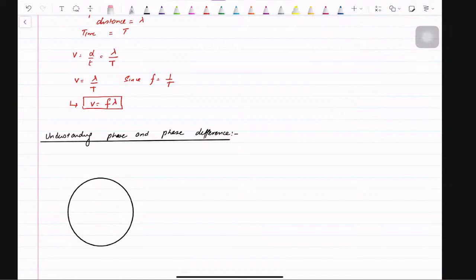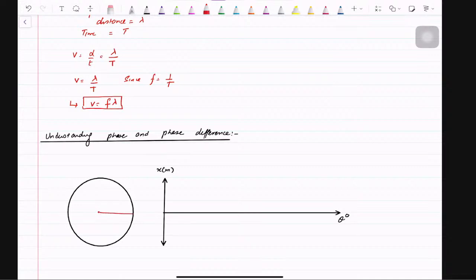So I'll try to explain this with a circle, because when you complete a circle, that is also considered as one complete oscillation. Okay. Suppose this is the displacement and this is angle theta. And we're starting from this point right here.